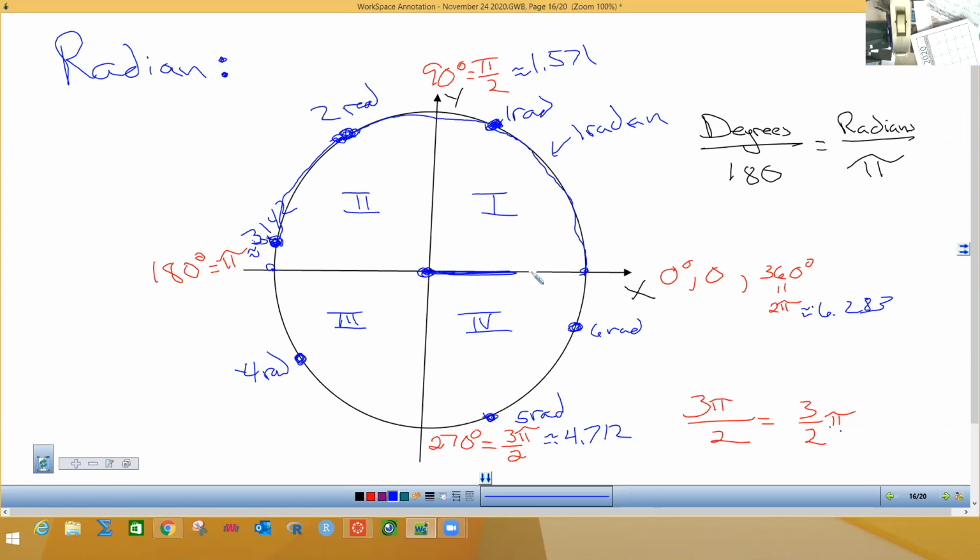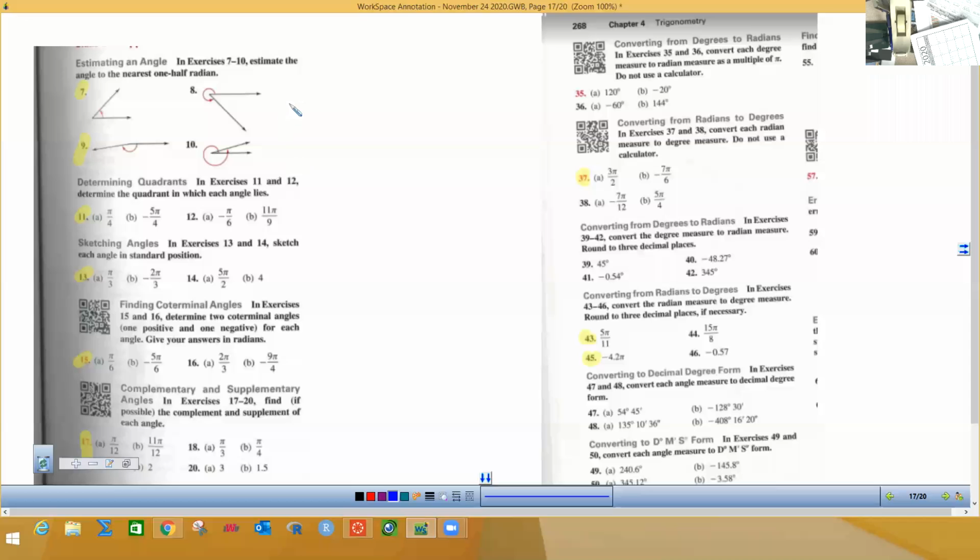Because this picture, there's the beginning, and it says we're going around like this. And to me, that looks like it's about like in here somewhere. So 5 would be in here, and 6 would be in here somewhere. So I would call that about 5.5 radians.